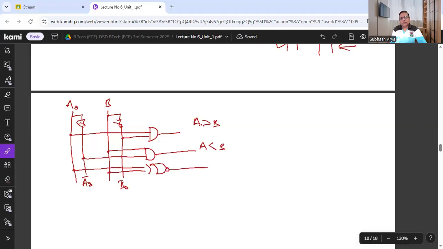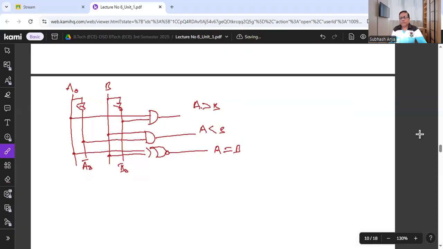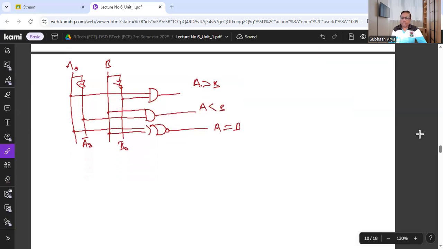So this will give you A is equal to B. In this way we can easily implement a one bit magnitude comparator.